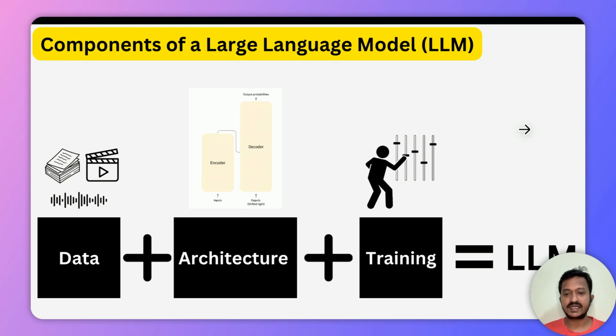So all these things are the components of a large language model: data, architecture, and training. Training can be done using some humans. Reinforcement learning from human feedback is what we call it. So the data is from various sources, the architecture is basically the transformer model, and then the training.